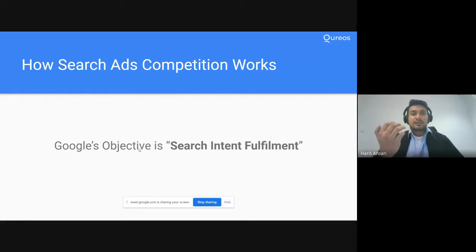If I'm searching for something, I need a solution, I need a result, I need my answer from Google. And that is something Google is never going to compromise on. So whenever you are thinking about how search engine marketing works, that should be your top-level thing. That is the logic behind everything, how Google ads are served.